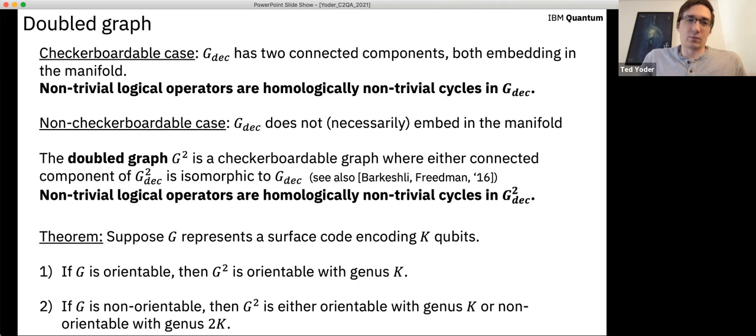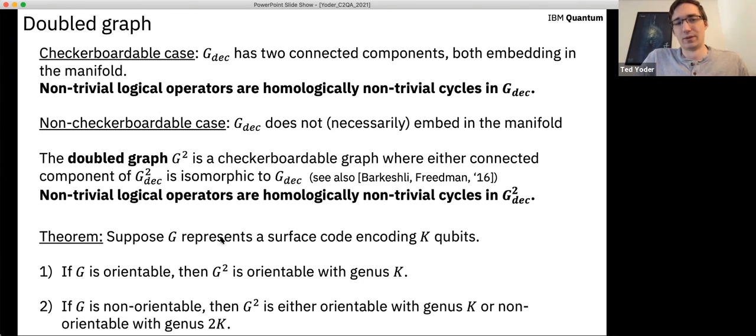So to get around this, we define this doubled graph. The idea of the doubled graph is that the decoding graph of it is isomorphic to the original decoding graph, but it actually embeds in some potentially higher genus surface.